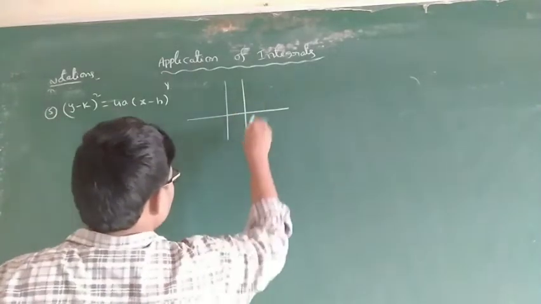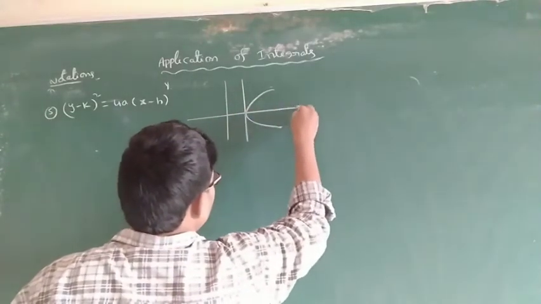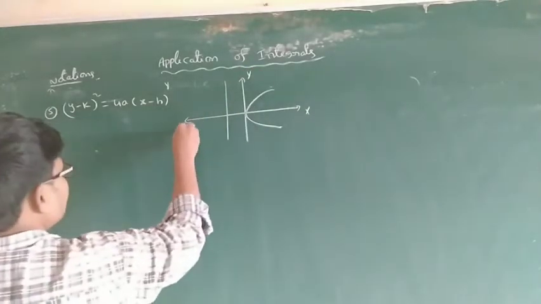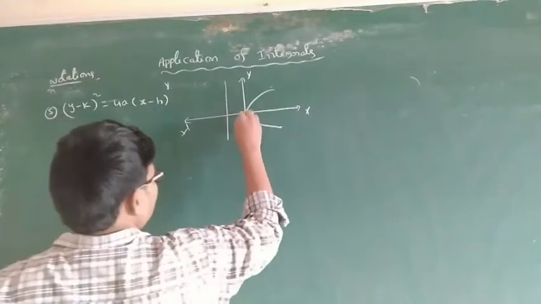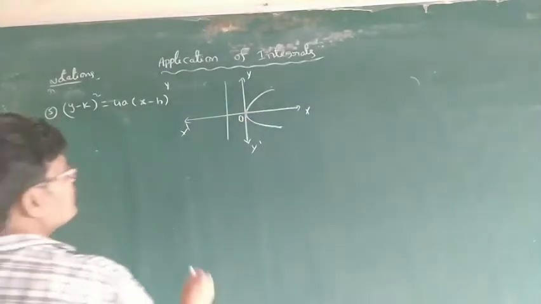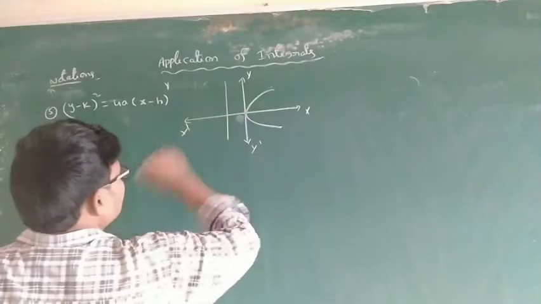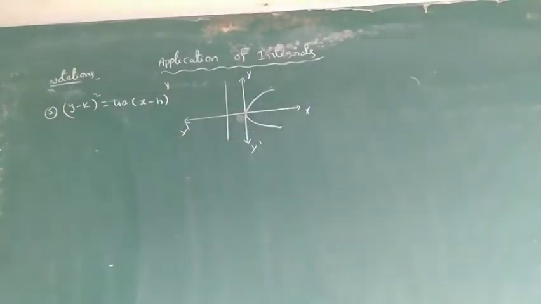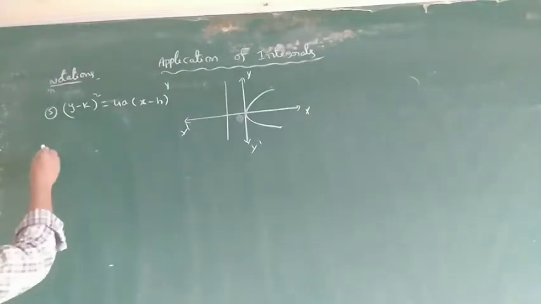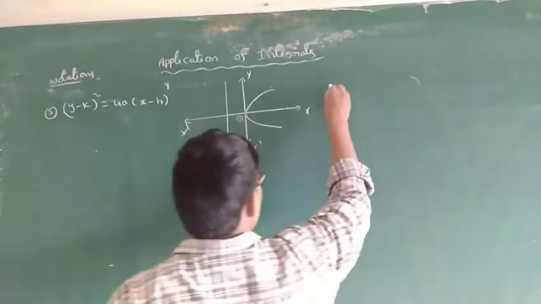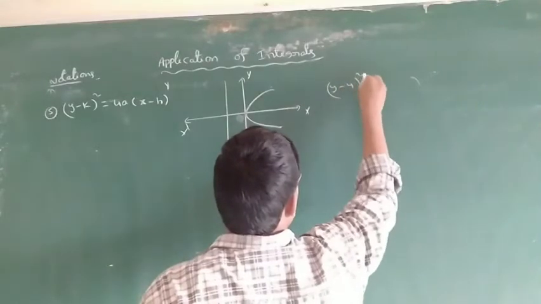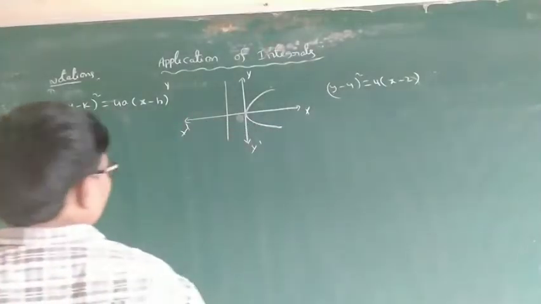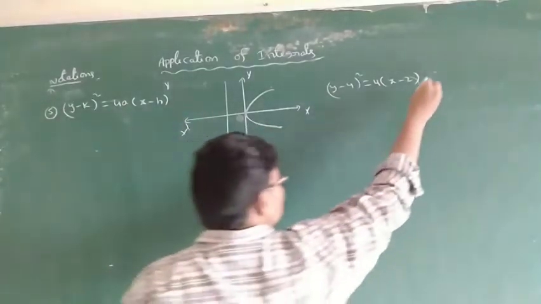This is the x-axis, this is the y-axis, x dash, this is y dash, this is the vertex. So this is 0, 0, and this is h comma k. Next one, what is the example? Y minus 4 whole square is equal to 4 into x minus 2, this type, plus also, and so on.